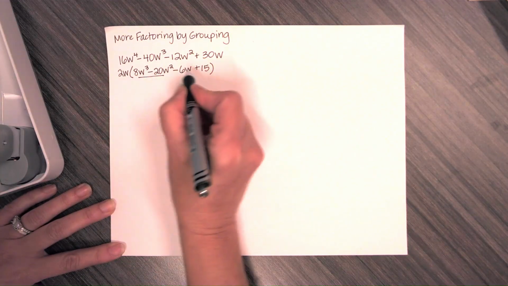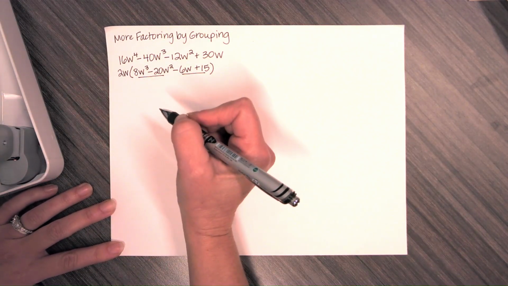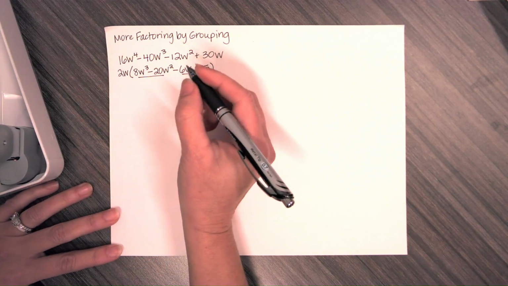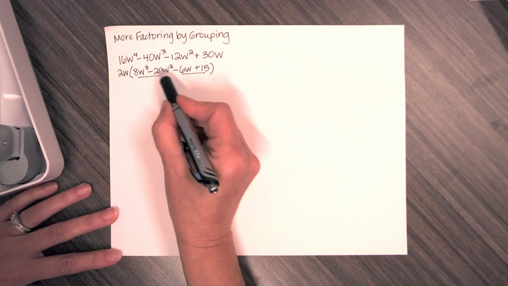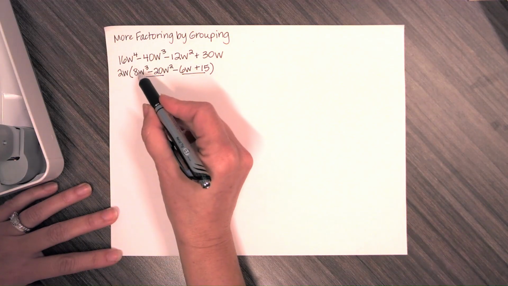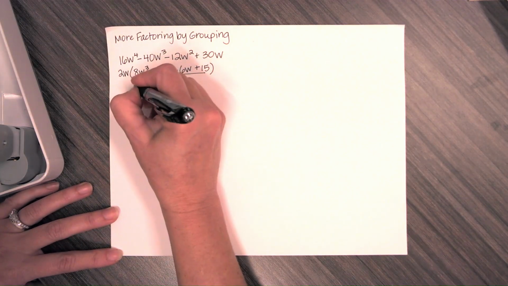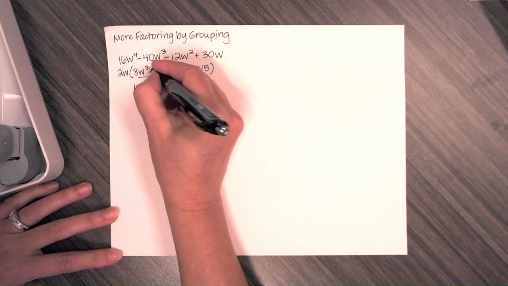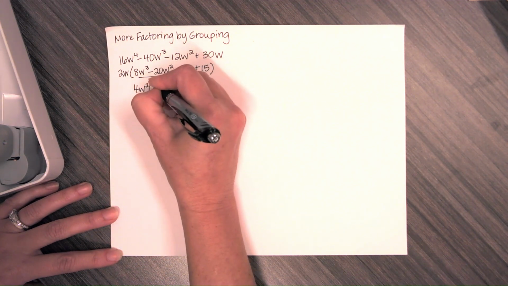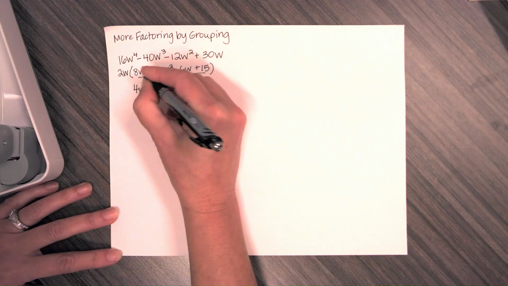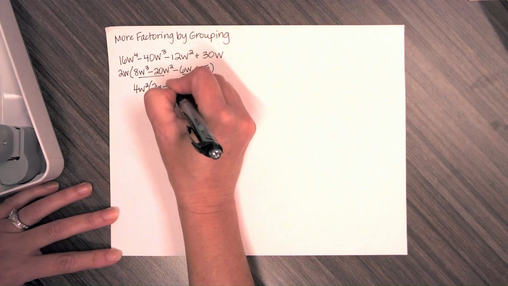Alright, I'm going to group the first two and the last two in the polynomial here, and I'm going to now look for a greatest common factor for just these first two terms. Alright, 8 and 20, I know 4 will go into both of those. I also am able to take a w squared out of both of those. That's going to leave me with 2w minus 5.